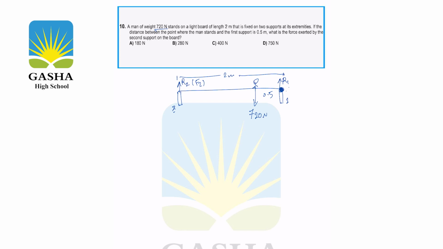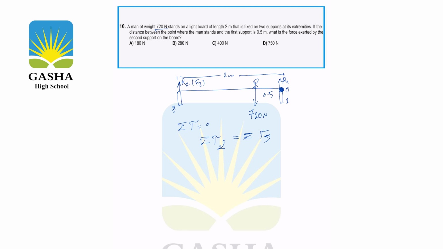So we make the axis of rotation here because we want to find the second force, not the first one. We use the second condition of torque, which says that the summation of torque is equal to 0. That means the summation of the clockwise torque must be equal to the summation of the counterclockwise torque. So let's find the torque in each side.